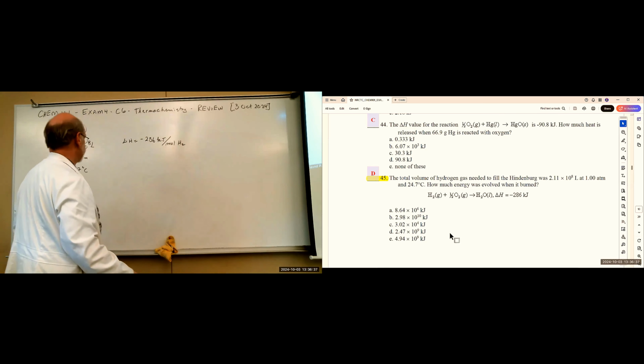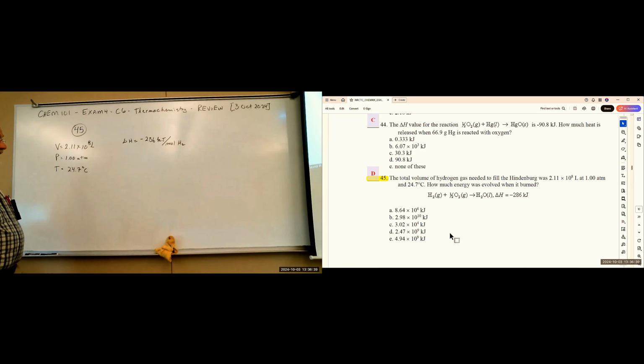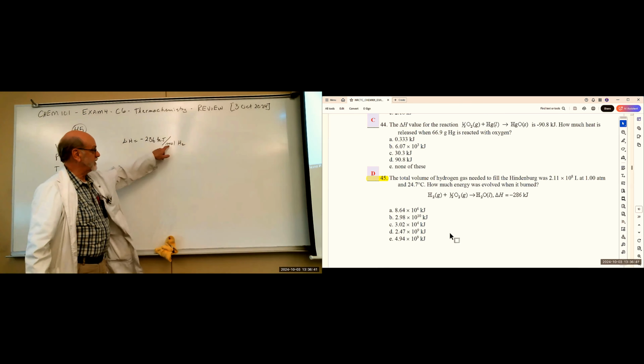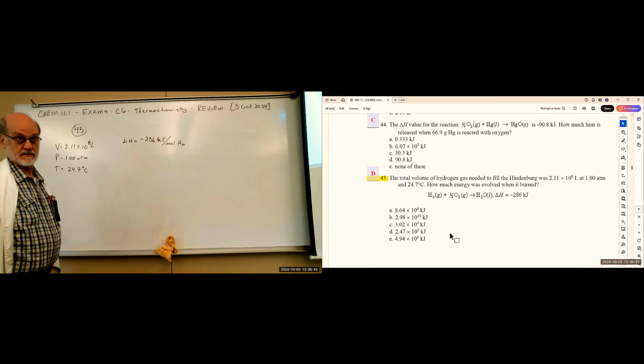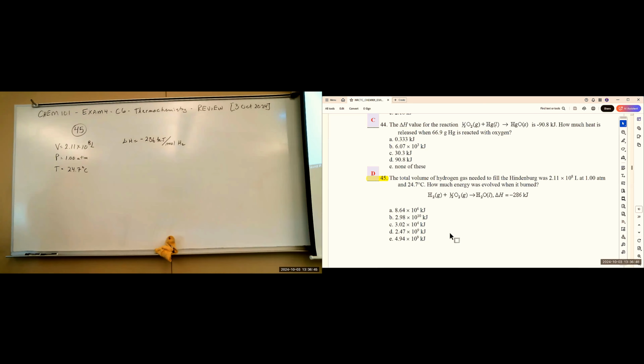Okay. All right. In order to find out how much heat, we got to find out how many moles of hydrogen that is. All right. Got any ideas how to do that? Yeah. Exactly right. We need to know this one.